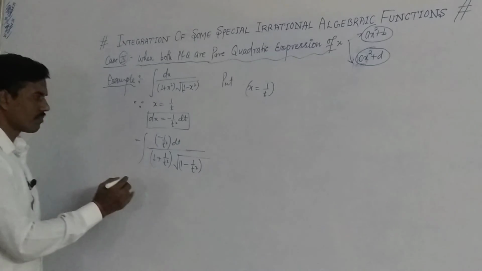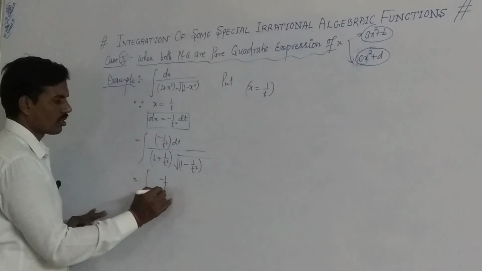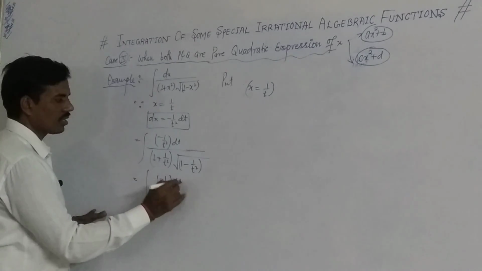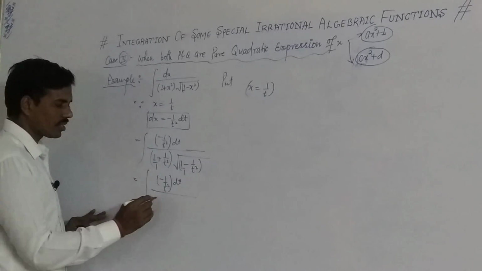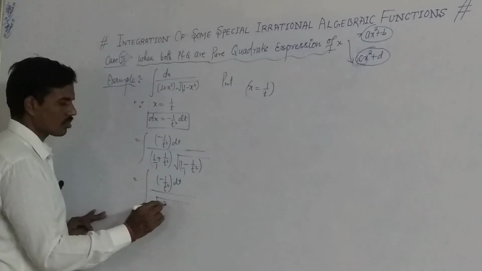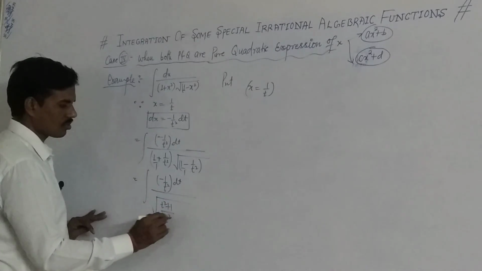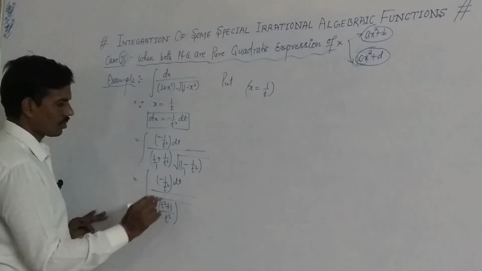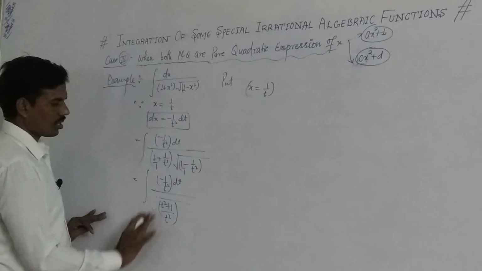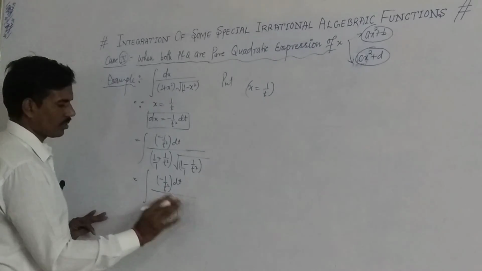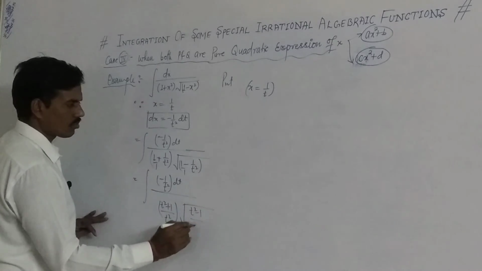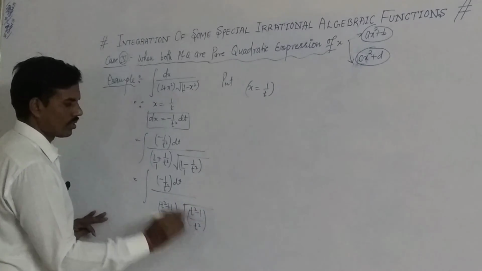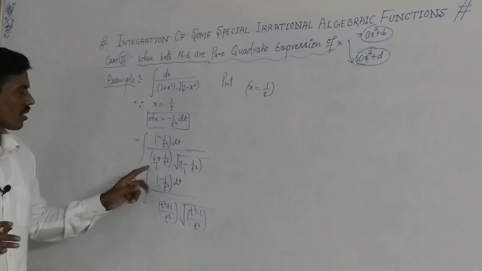Okay, let us simplify this. We get 1 upon t square dt upon 1 upon 1. After cross multiplication, we get (t square plus 1) upon t square into, this one is outside of the radicand. Here we get under root of (t square minus 1) upon t square. Clear? Any problem?